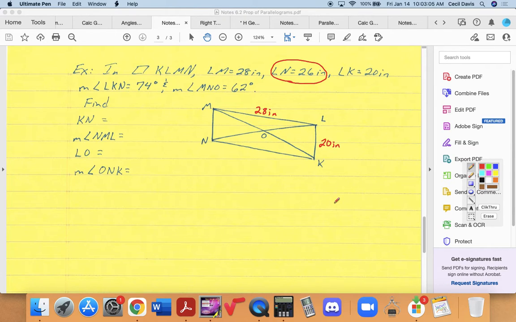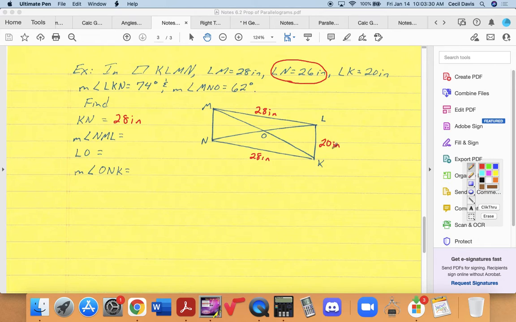Let's go ahead and do the segments that they've asked for. They asked for the length of NK, or KN. What is the length of KN going to be? 28 inches. Then they ask for the length of LO. You're like, uh-oh.